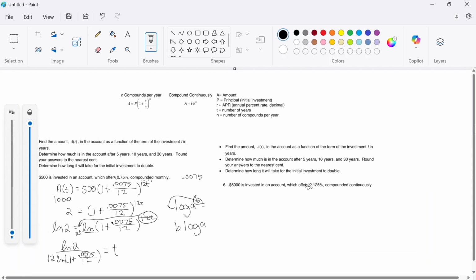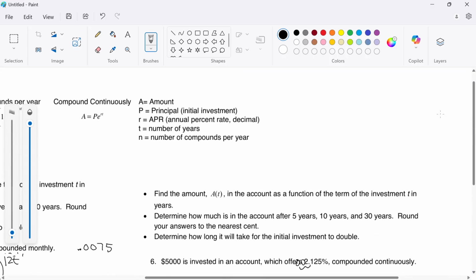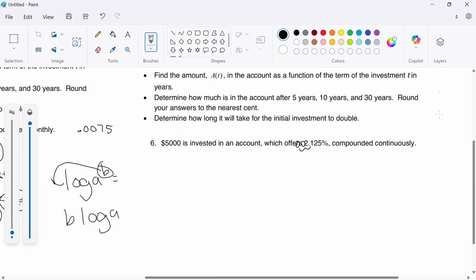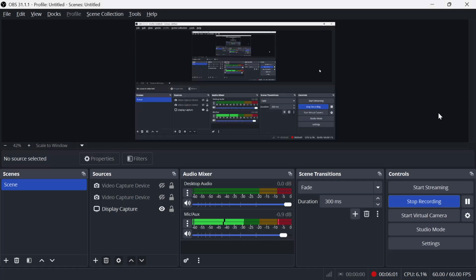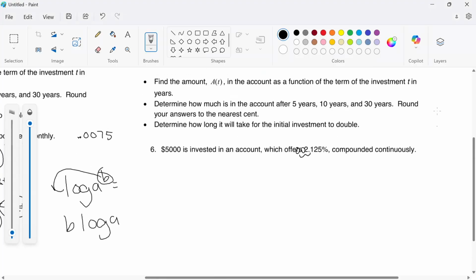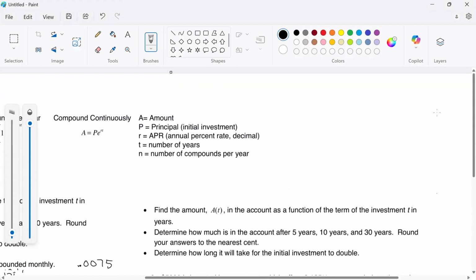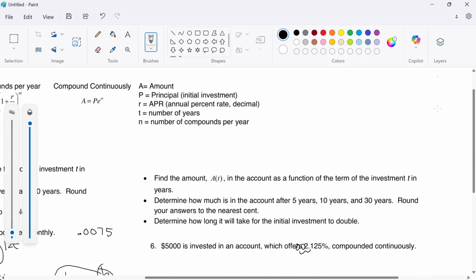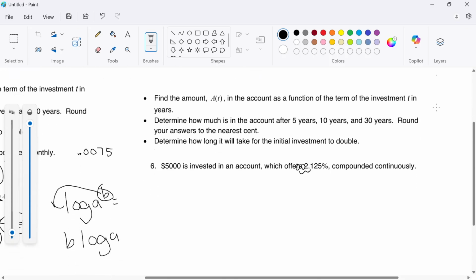All right, so that was with compounding monthly. This one is going to be compounded continuously. Remember the continuous formula. A equals P times e to the rt power, where r is the interest rate as a number. If it's given as a percent, divide by 100. t is the time.